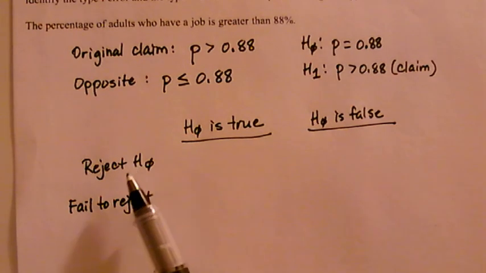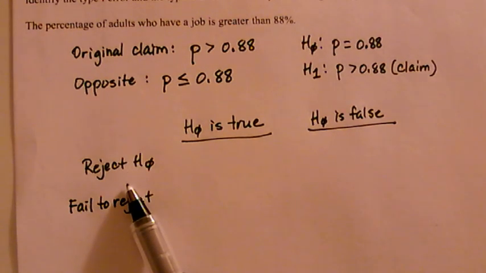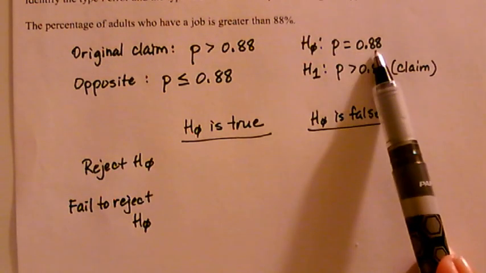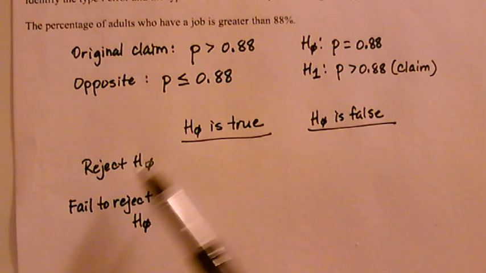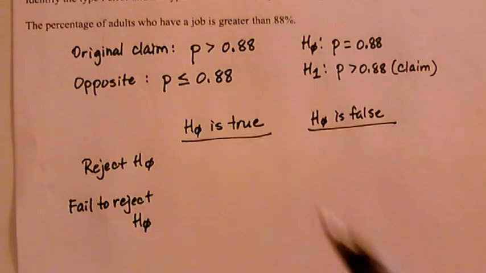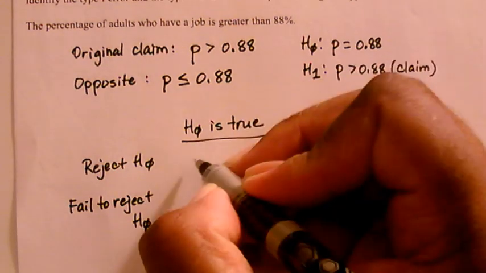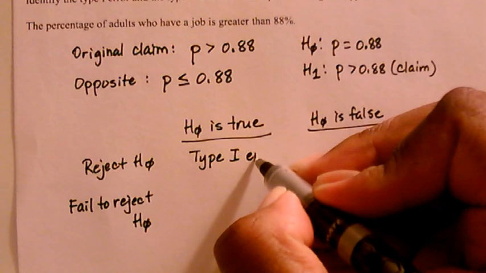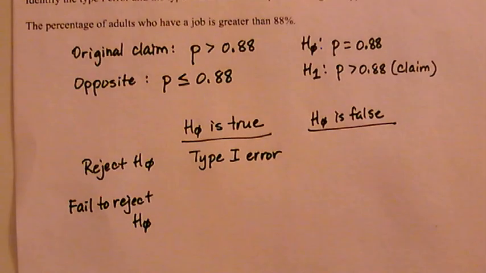Okay, we're rejecting the null. We're rejecting the fact that the proportion or the percentage of adults who have a job is 88%. And it is true. That's a type 1 error, because we have rejected a null hypothesis when that null hypothesis is true.